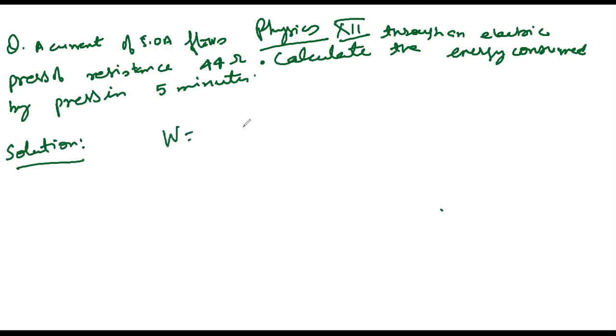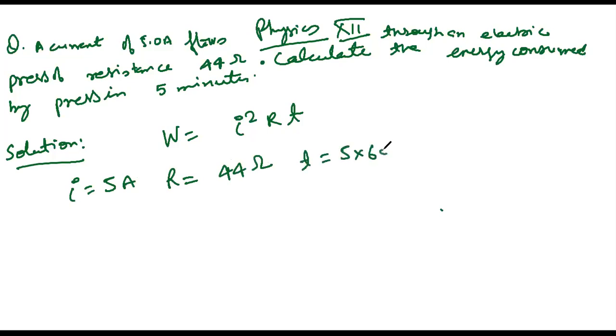W is equal to I square RT. At the place of I, write 5 ampere. R is 44 ohm and T is equal to 5 into 60 second.